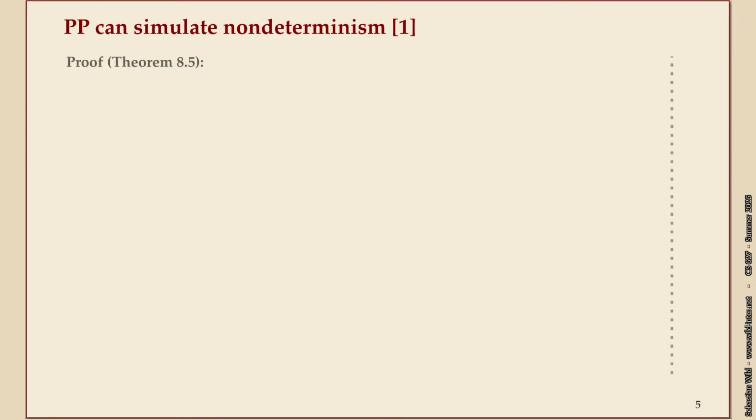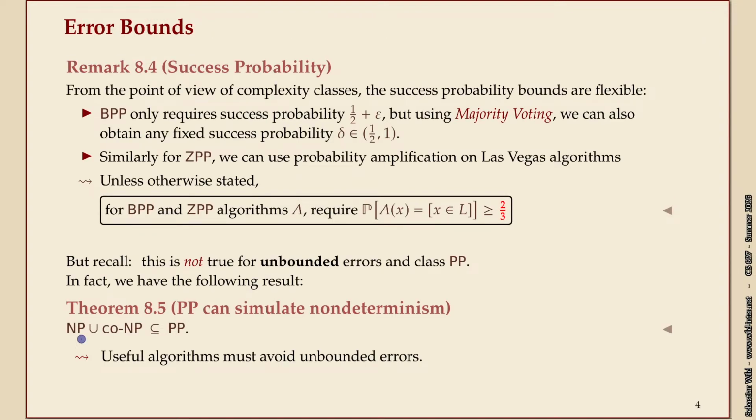But let's nevertheless prove this, because I think this is still a somewhat surprising statement, right? We're supposed to be able to do anything that a non-deterministic algorithm does with a Monte Carlo algorithm. And if you think about it, we always said non-deterministic means there's potentially just a single computation that accepts and all the others reject.